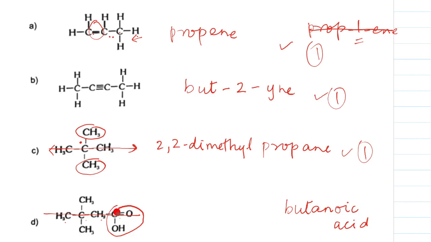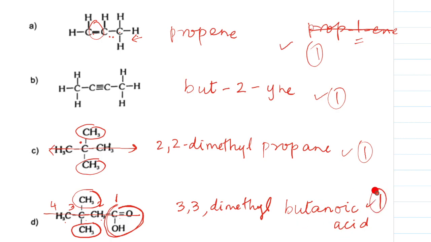But now, starting from this functional group, you'll count 1, 2 and 3 and 4 as the carbons. So third carbon has got a methyl group here and methyl group here. So there are 2 methyl, means it's dimethyl. So you will say 3,3-dimethylbutanoic acid. Okay, so this is how we'll get our 1 mark.